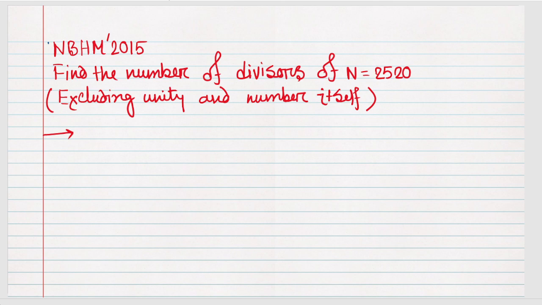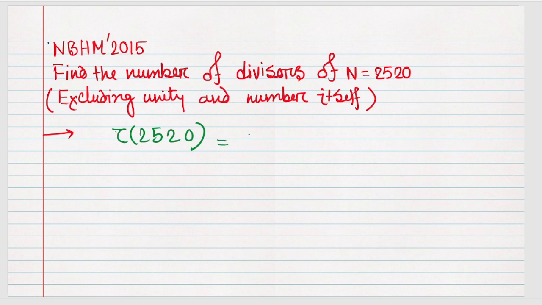But there is a trick, which says excluding unity and the number itself. That means we have to find the tau value of 2520, which gives the number of divisors of 2520. Then from the number of divisors we will exclude unity and the number itself. So we have to find tau of 2520.